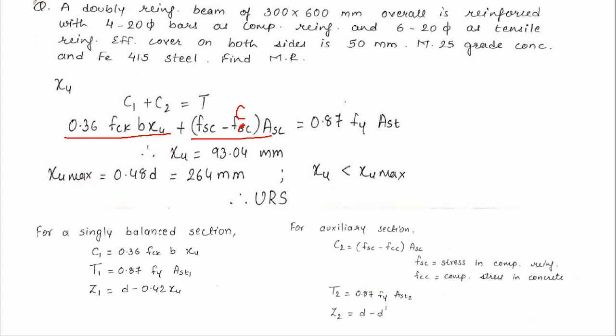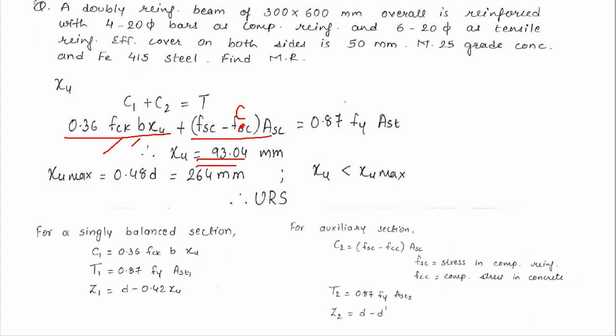So in this equation, as FCK is known, B is given in the question, XU will be the unknown. FSC and FCC we have already solved, ASC is given in the question, and the remaining data is already given, so we can find the value of XU.